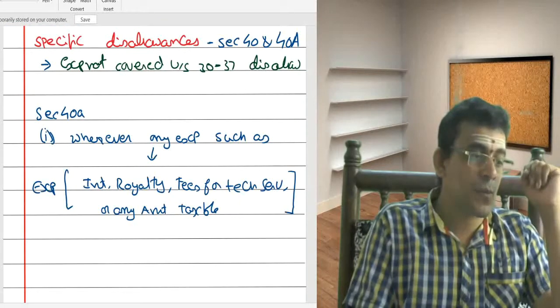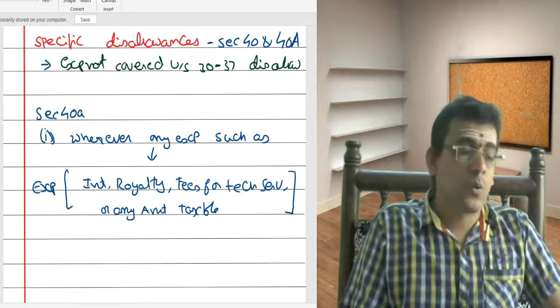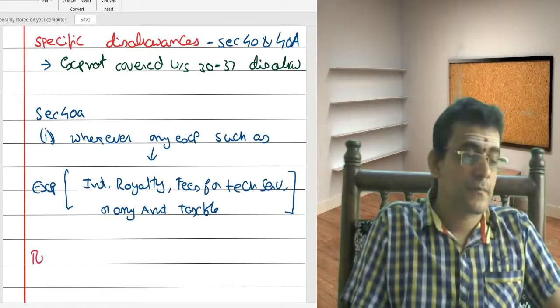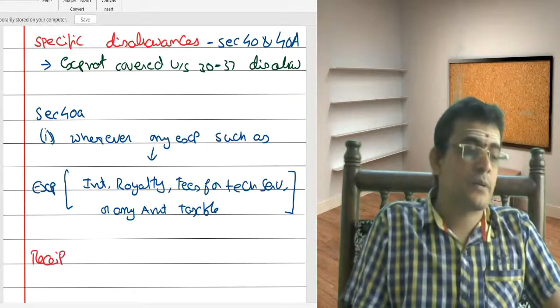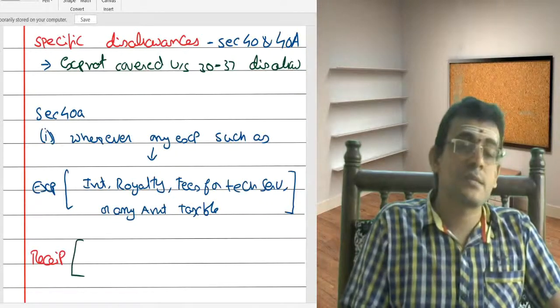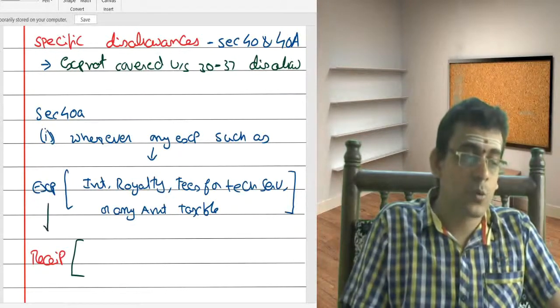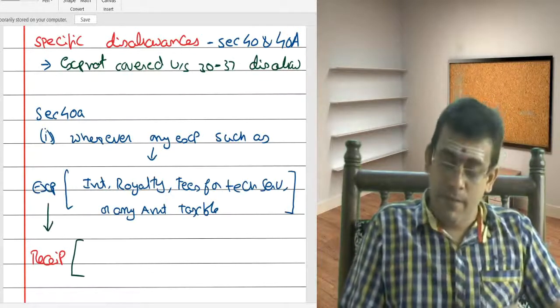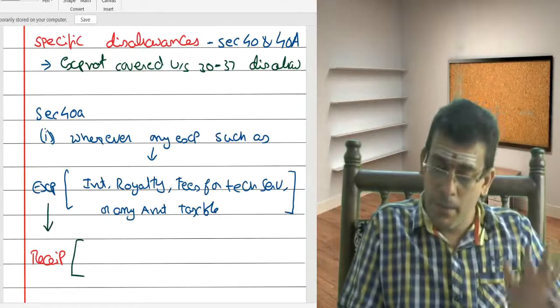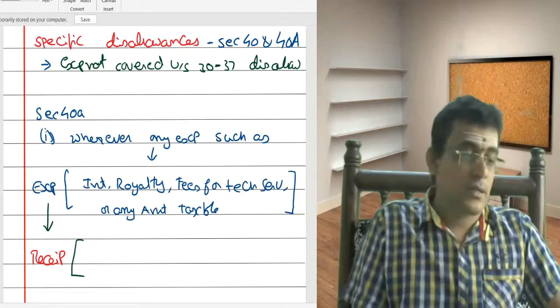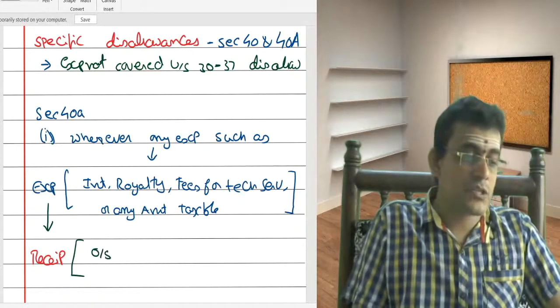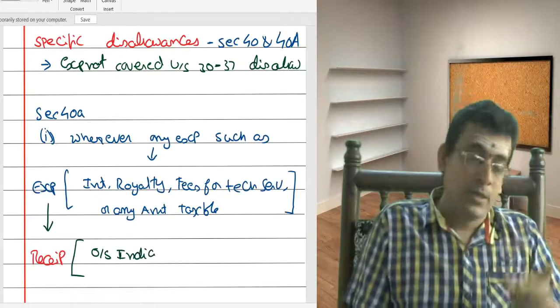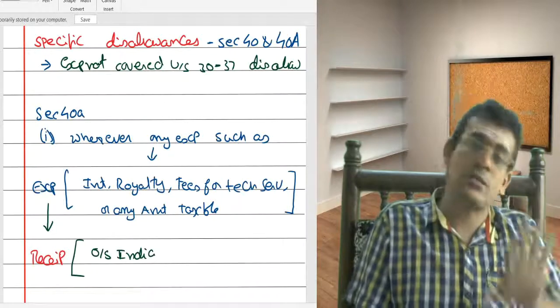The second most important thing I need to know is the recipient. Who is the recipient? That means to whom is this expense paid. 40A is applicable if this payment is made to a person based outside India. The act says the payment is made outside India, not the recipient.